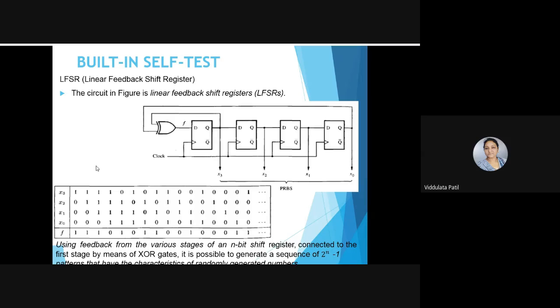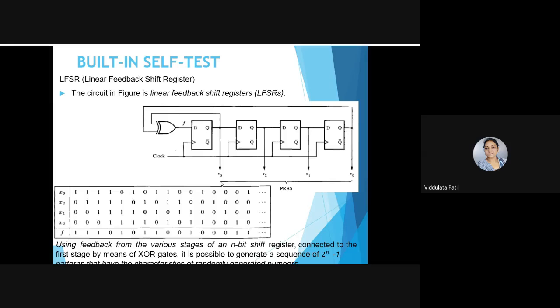So this circuit is also called a pseudo random binary sequence generator. It is randomly generating certain binary sequences, and here this is one example for this linear feedback shift register, that is LFSR. This is the abbreviation used for this shift register. That is nothing but again a test vector generator.